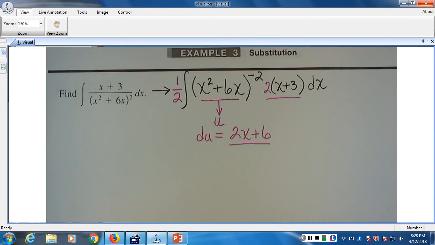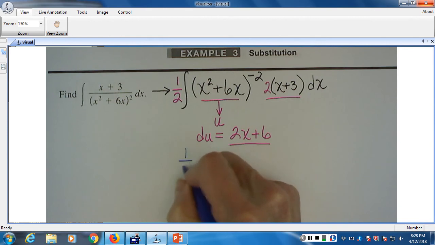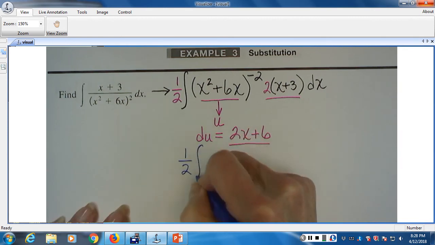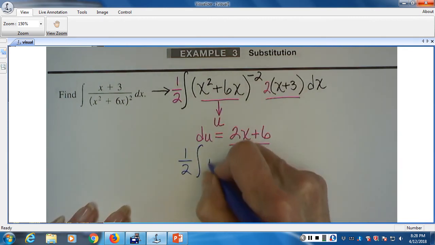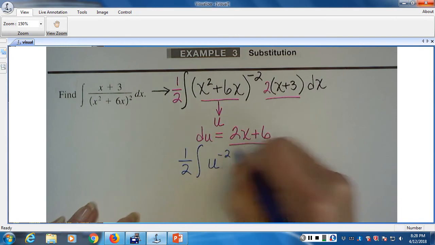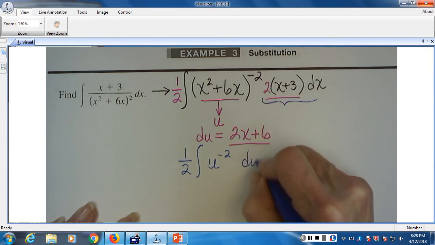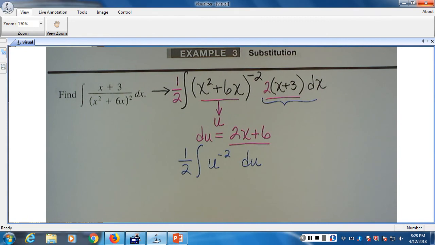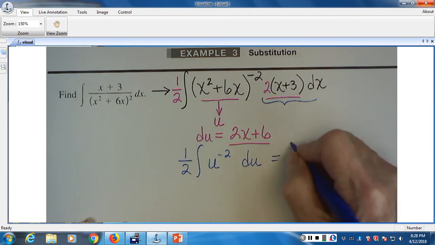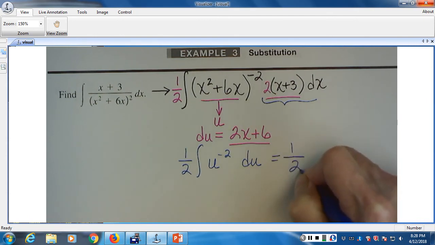So now that I've done that, I'm going to take the integral of what I'm calling u to the negative 2 power, and all of this is du, which means it's just going to disappear and get out of the way. So that's going to be 1/2.